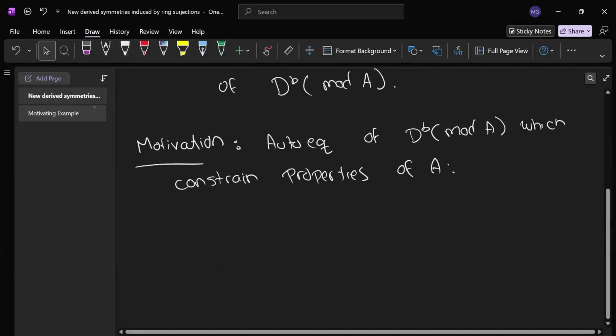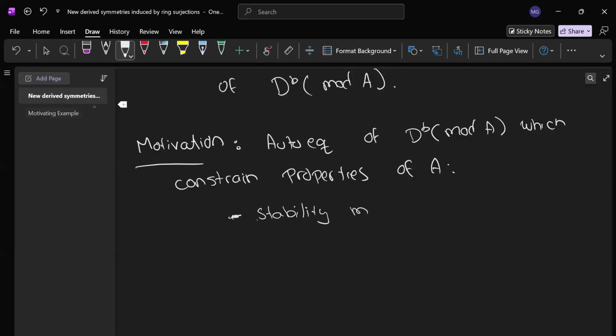So, for example, they constrain properties of the stability manifold. They constrain some numerical invariants. And they have something to do with mirror symmetry as well.